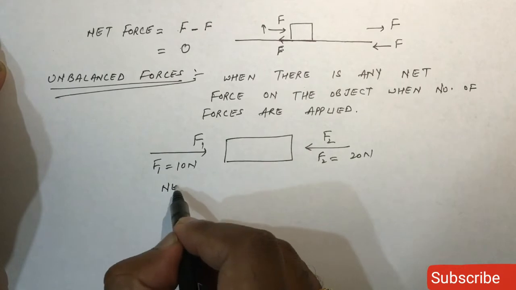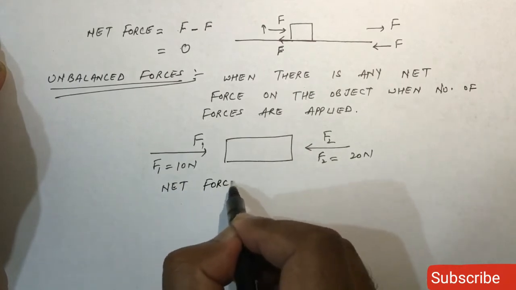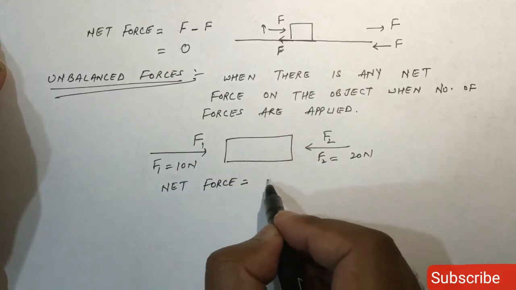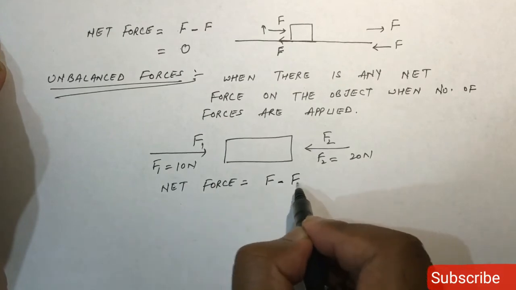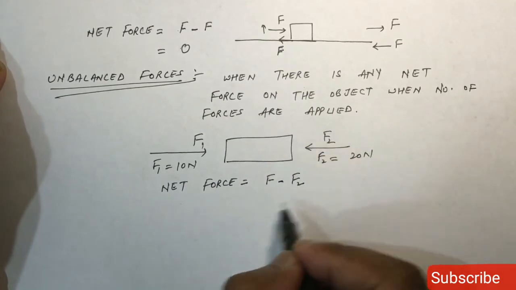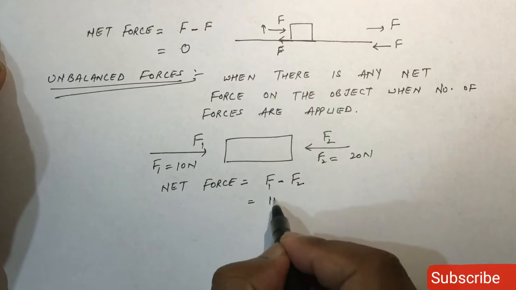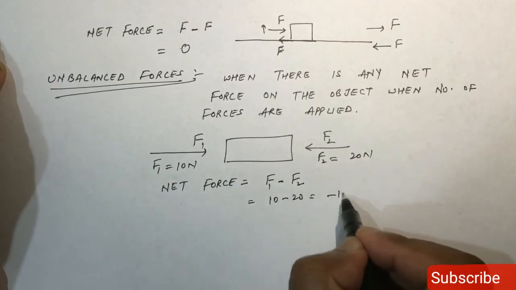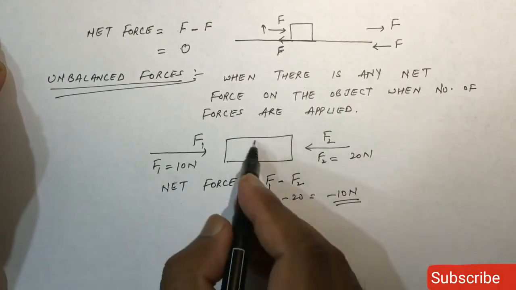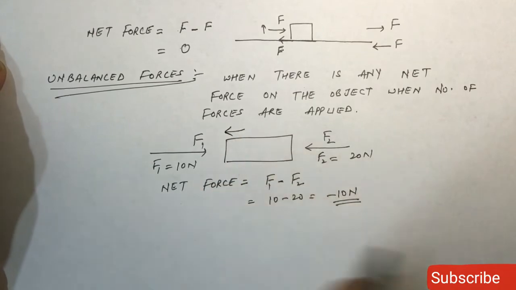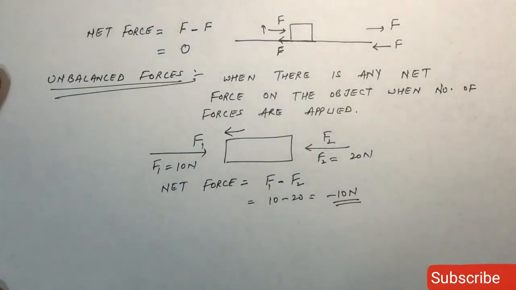So net force is equal to F1 minus F2, because F2 is in opposite direction. So it becomes 10 minus 20, which is equal to minus 10 Newton. So the object will move to this side. Clear? So this is an example of unbalanced force.